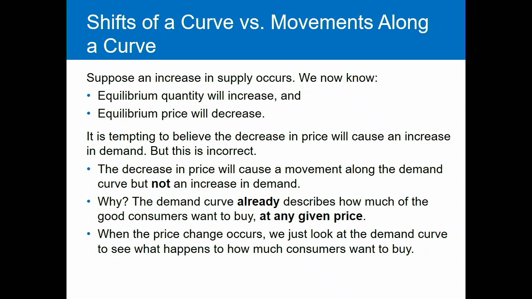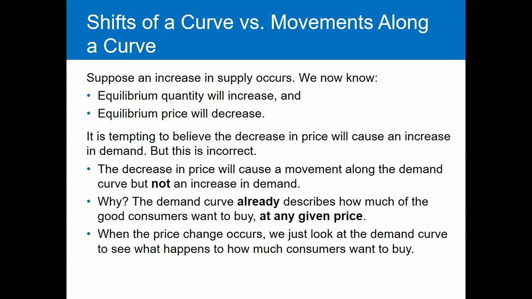So the demand curve already describes how much of the good consumers want to buy at any given price. So when the price change occurs, we just look at the demand curve to see what happens, how it moves along there. So to look at this example right here, the demand curve increases, the demand curve shifts out. So we move along the supply curve from here to here.